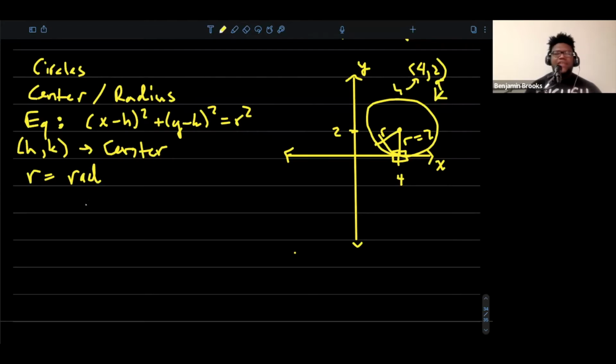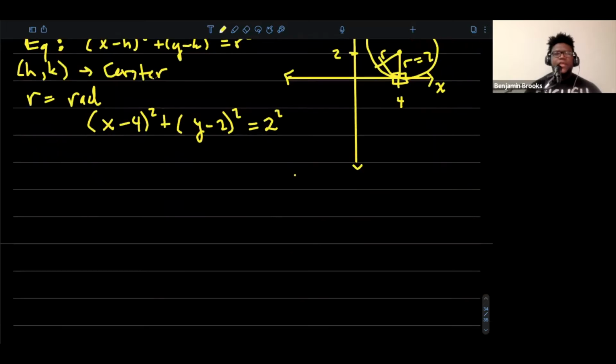So what you're going to have is x minus 4 squared plus y minus 2 squared equals 2 squared, because r is 2 in this case. And if you were to square the other side, you end up with x minus 4 squared plus y minus 2 squared is equal to 4.